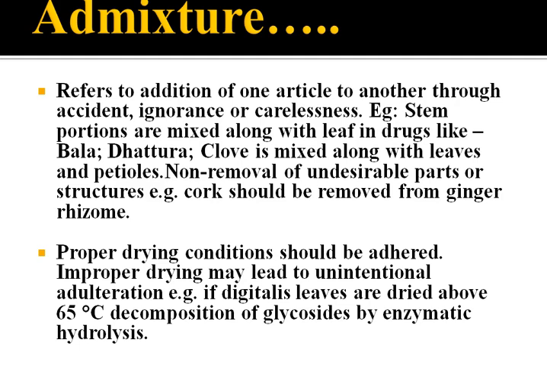If some part of the plant is mixed with another part due to an accident, carelessness, or ignorance, for example, stem portions are mixed along with the leaf in drugs like bala and datura, or the clove is mixed with leaves and petioles, and these undesirable parts are not removed.